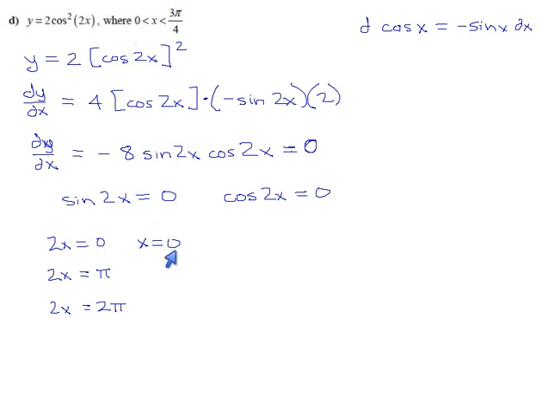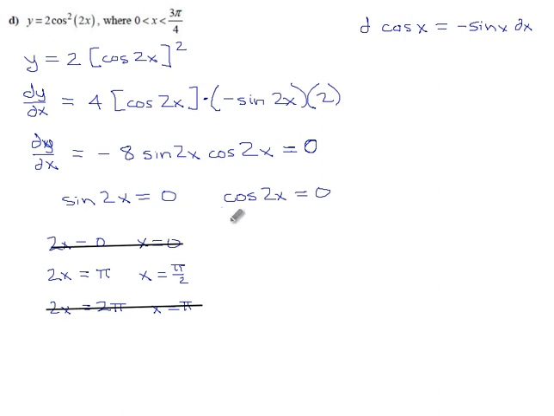So good try, but no. If we solve this one, we get x equals pi by 2. That's in our domain, so that's a keeper. And if we do this last one, we get x equals pi, which is actually too high. That's out of domain also. So those were the 3 possibilities that I came up with first, and only one of them actually fits. The others are too low and too high.